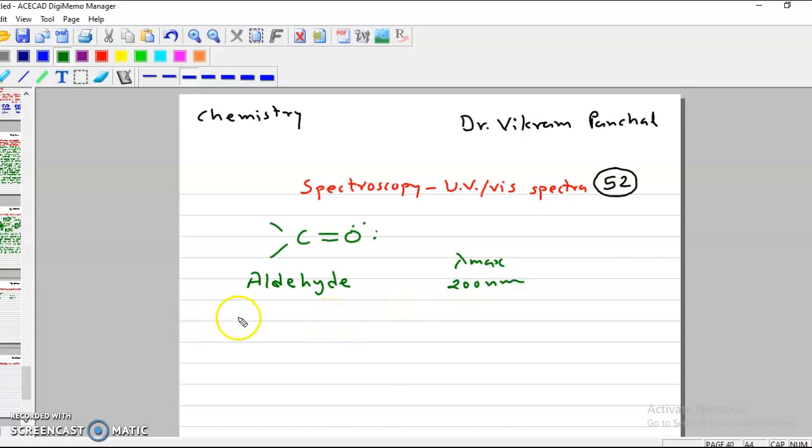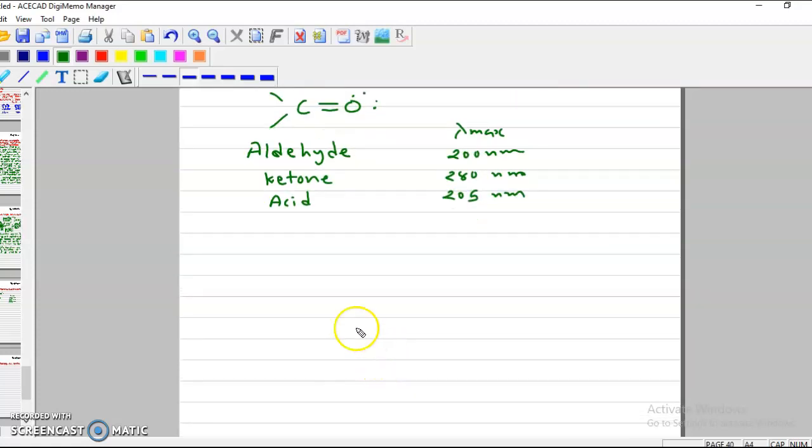When both are alkyl groups, then we call it a ketone, and absorption is about 280 nanometer. And if one of the groups attached to carbon is an OH group, then absorption is nearly 205 nanometer. So this way you will find variation in n to pi star transition.